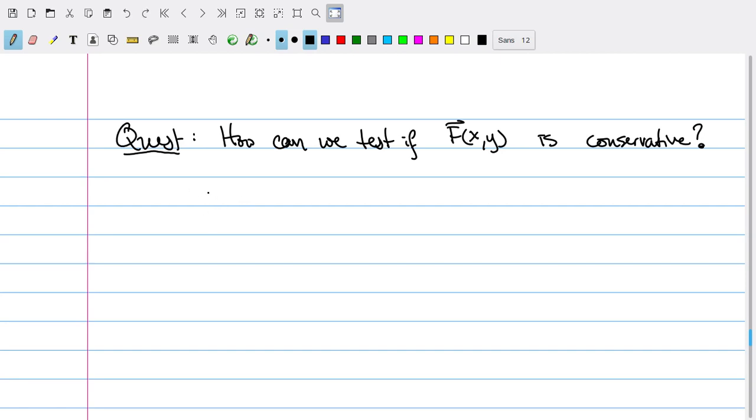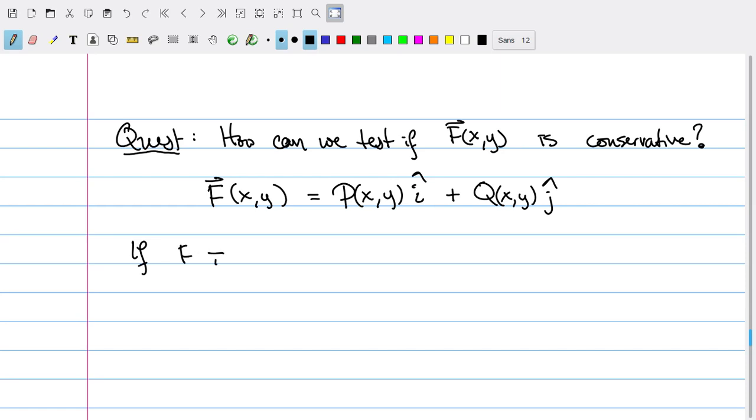Well, I know I can write down my vector field F in i-j notation as some function P times i hat plus some other function Q times j hat. Now, if F is conservative, then we know that F is the gradient of a function little f.